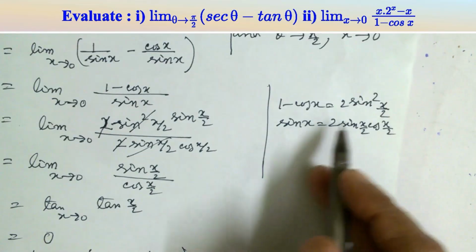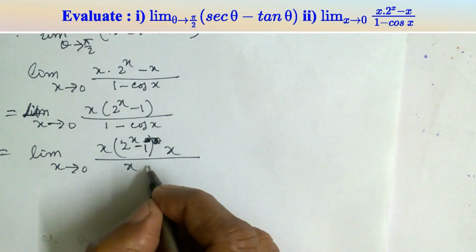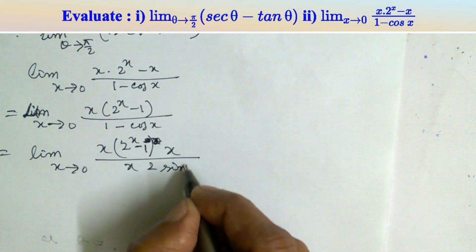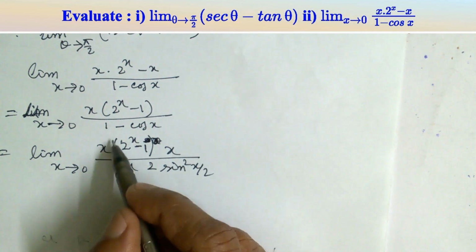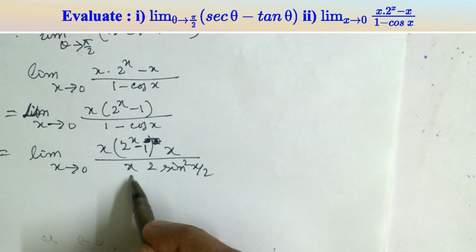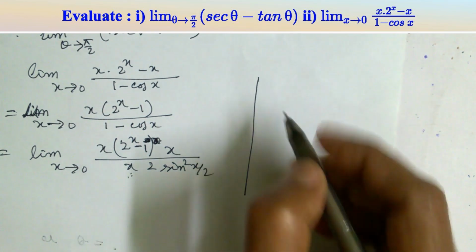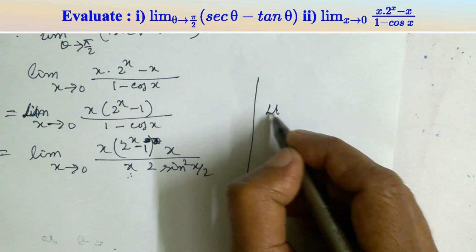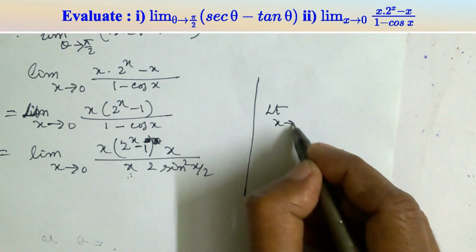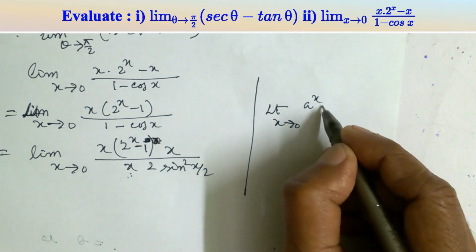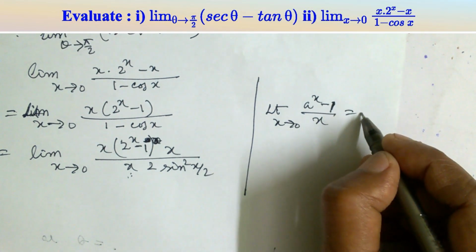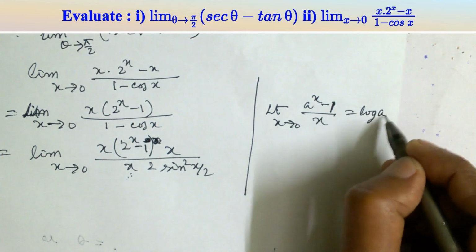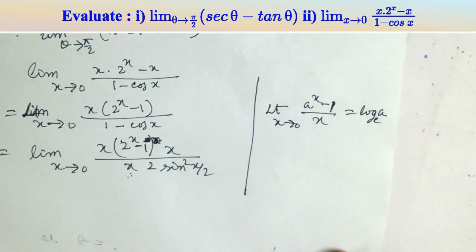Here we have shown the formulas. Here x will get cancelled, but 2 to the power x minus 1 by x, there is a formula. Here is the formula: limit x tends to 0 of a to the power x minus 1 by x is equal to log a to the base e. It's a formula.